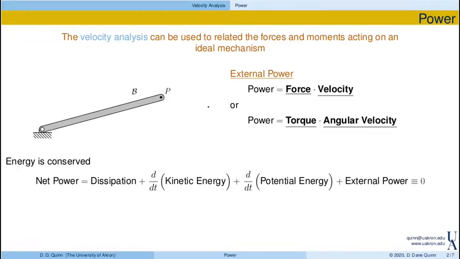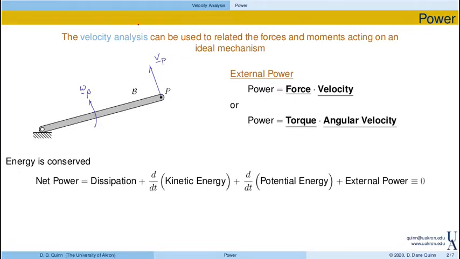to a linkage. So here, for example, let's consider a bar that happens to be rotating, possibly with angular velocity, omega, and we'll describe the bar as b, which means that the end of this bar has a velocity, v of p, in this direction.